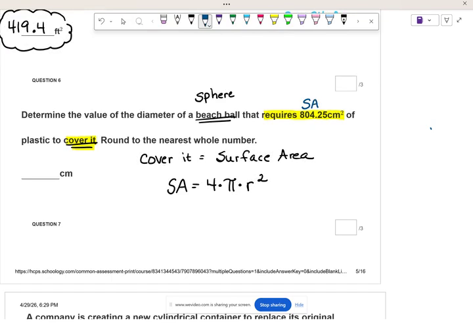So we're going to take out the SA and replace it with 804.25. And then we're just going to write the rest of the formula. And the variable that we have left to solve for is R. To type this in Desmos, you're going to turn that R into an X.